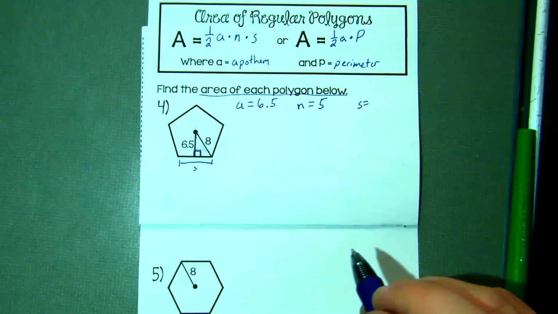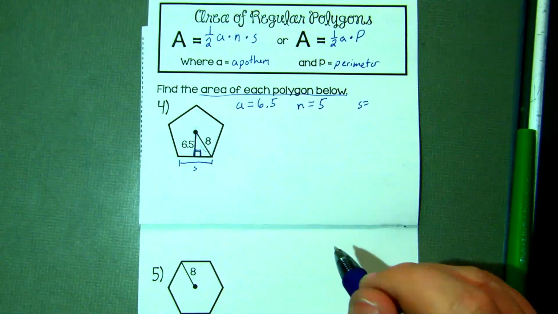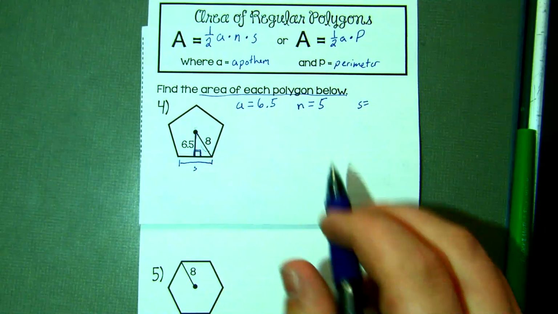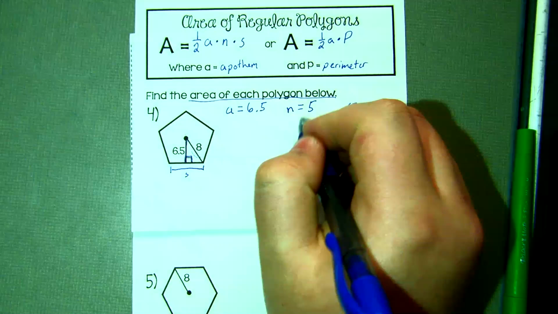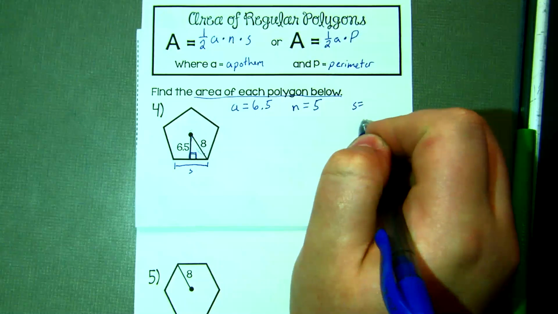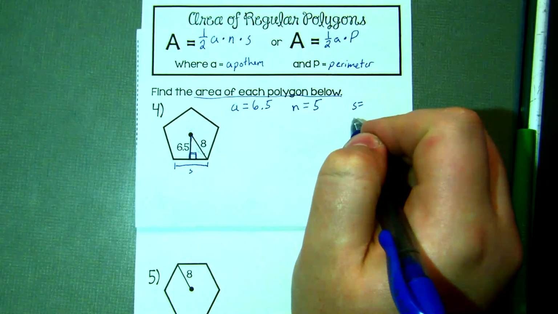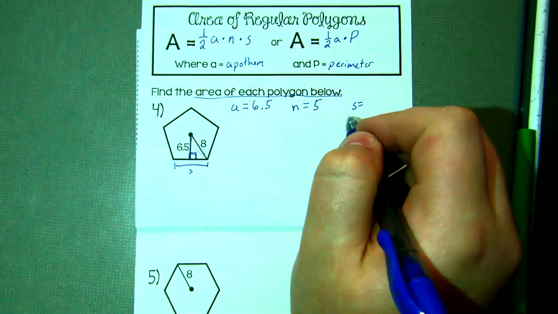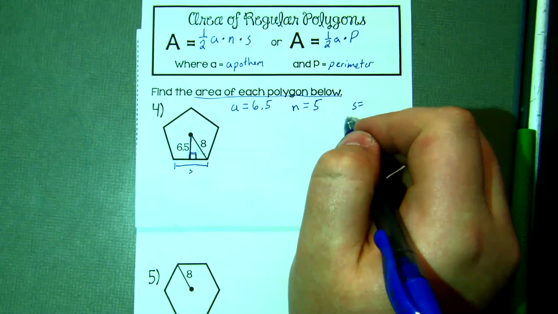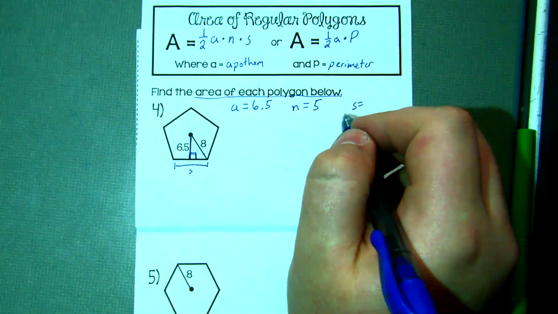Okay. So if we look at our problem, we got A, we got N, but we do not have S. Are there any ideas how we could solve for S? What could we try doing?